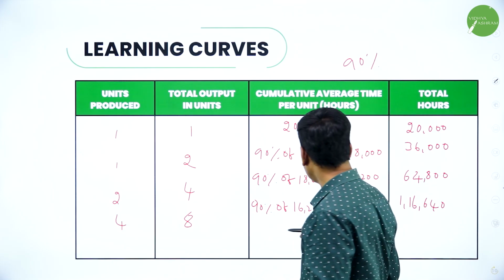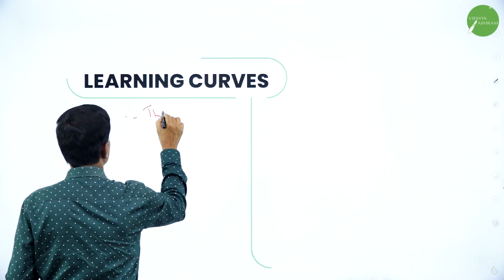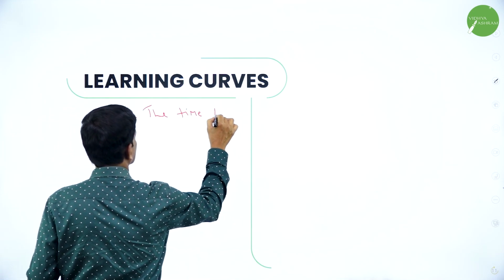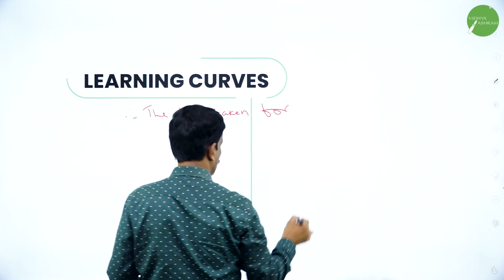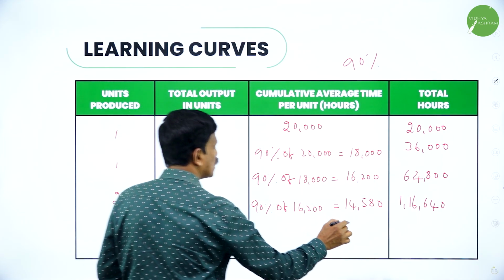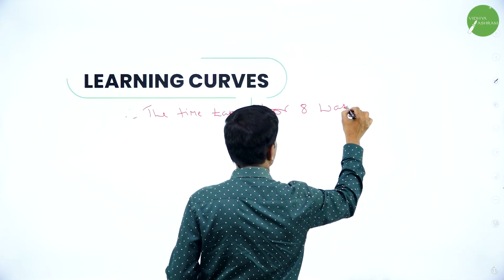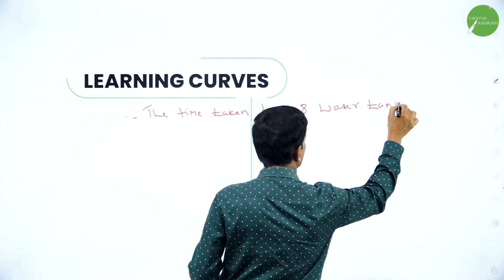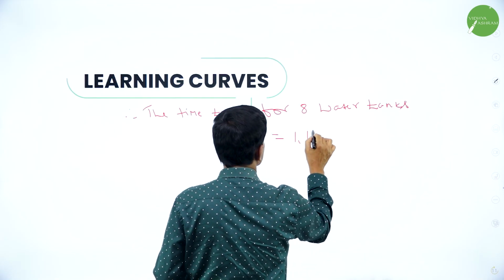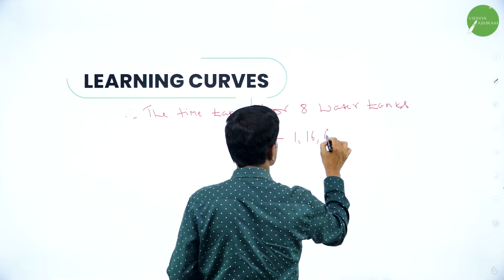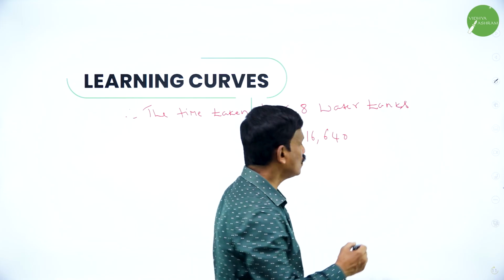So the time taken for 8 water tankers is 1,16,640 hours.